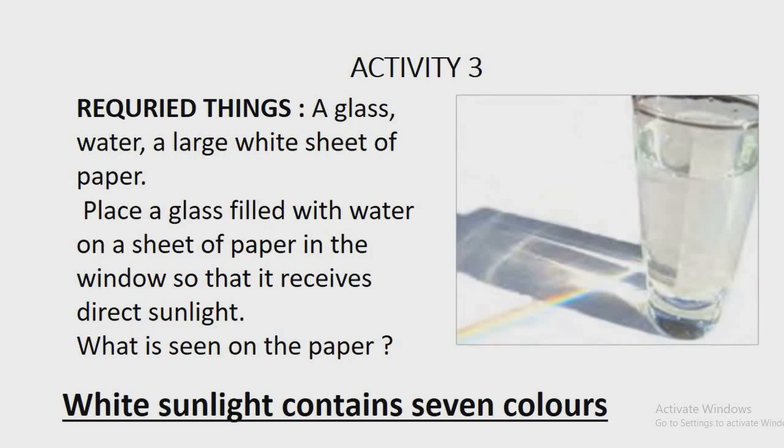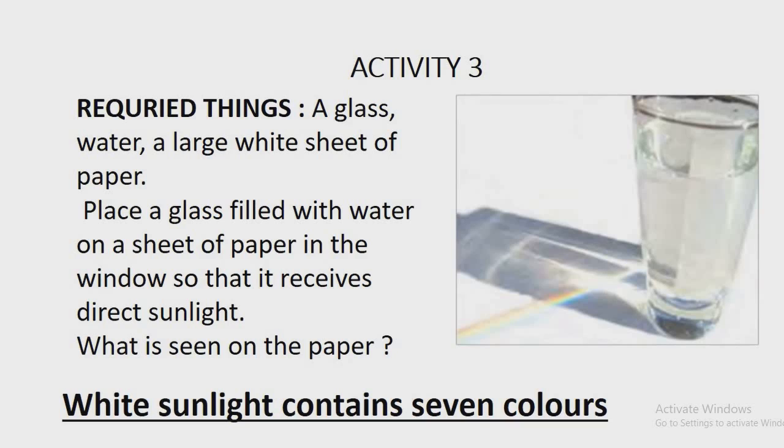The third activity is you just need to take a glass of water and a white paper. In the morning you take that sheet of paper and glass and keep the glass on the sheet of paper. That is, place a glass filled with water on a sheet of paper in the window so that it receives direct sunlight.